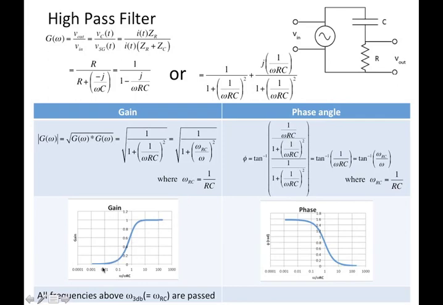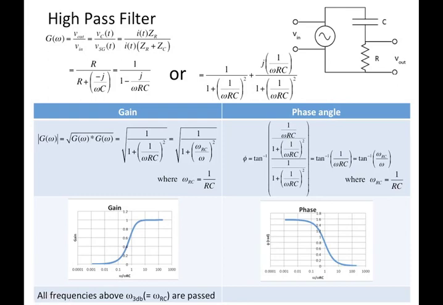And so again, this graph shows that relationship. At high frequencies, the gain is 1. At low frequencies, the gain is essentially 0. Low, high compared to what? It's really that 3 dB point, or omega RC, which is somewhere right here. So when we're at frequencies higher, the signal passes.